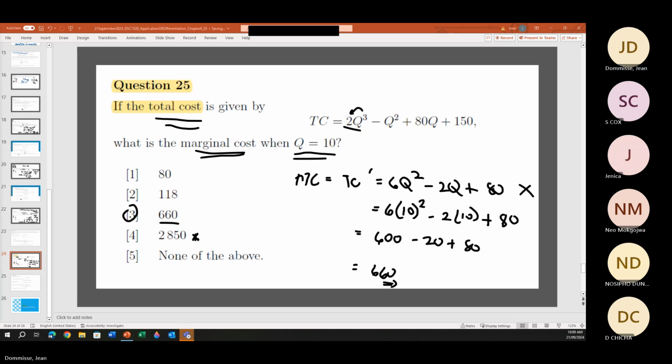Just also take note that sometimes one of the answers might be 700 because they want to check if you've done this correctly. Because if that was a positive, then it becomes 600 or 700.